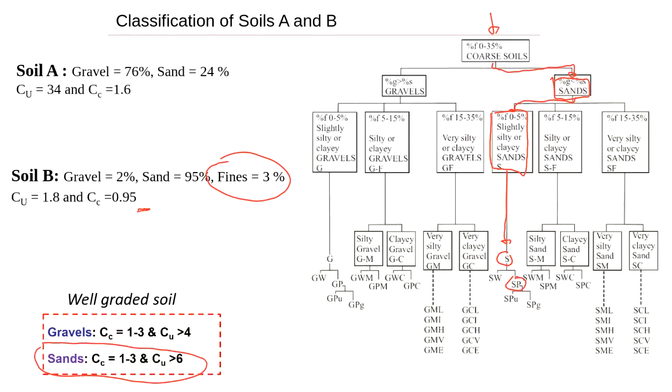Just, well, it's not required, but out of curiosity, is there an observable difference if I'm looking at poorly graded sand? Okay, so this is a good question. What is the difference?